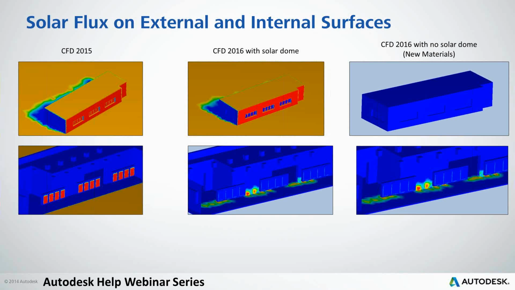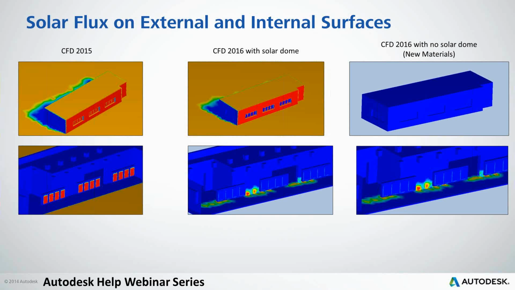What is different and not quite accurate, I would say, on the bottom left is that we haven't got this solar flux passing through the glass and heating the internals up according to how we would expect. We'll take a look at temperatures in a second, so you can see that the results are still good, but they're not as good as with 2016.